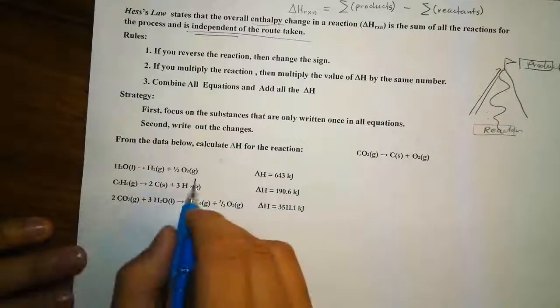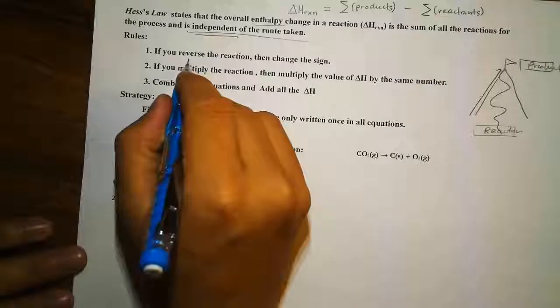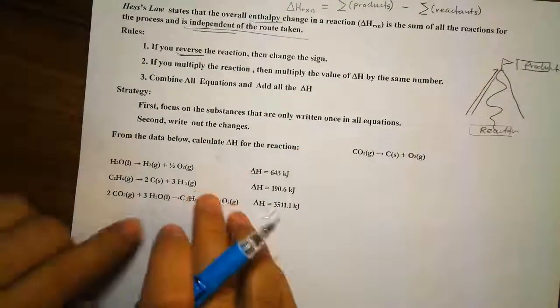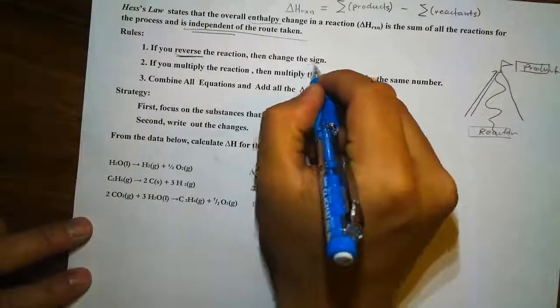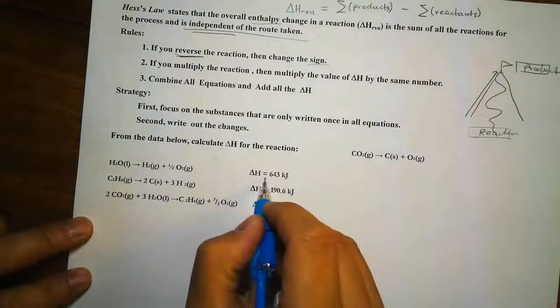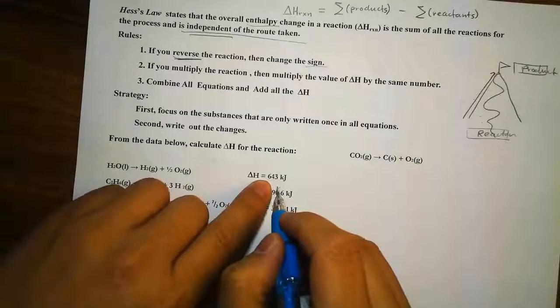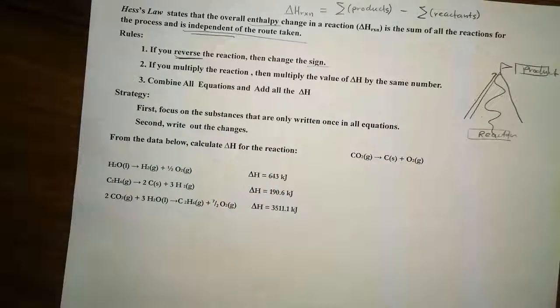That is, when you manipulate the equation, if you reverse the equation, that means the product becomes the reactant, and you would do the same thing to the sign of delta H. If this is positive and you reverse it, it becomes negative.